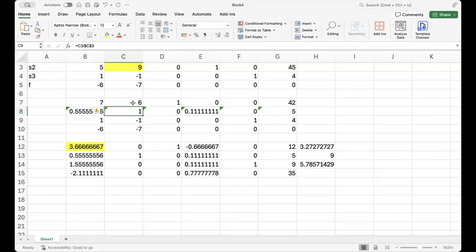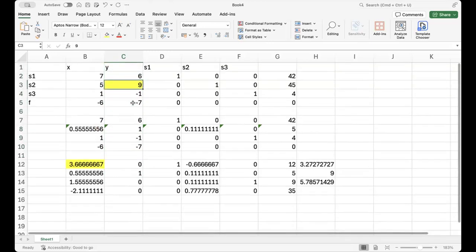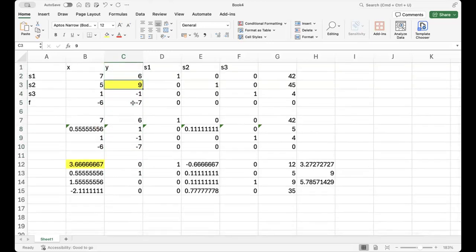So that's the reason why, when we determine the pivot element, only the pivot element has coefficient 1, and the rest in that column must be 0.